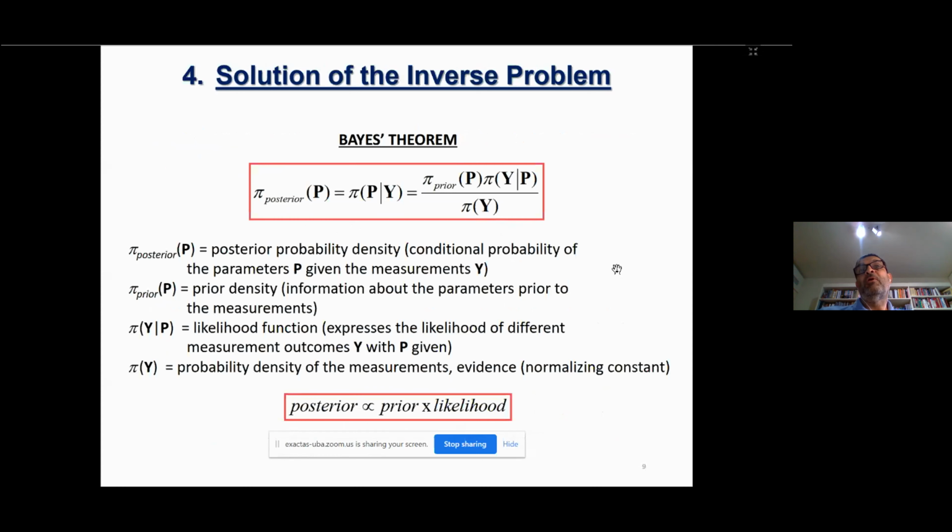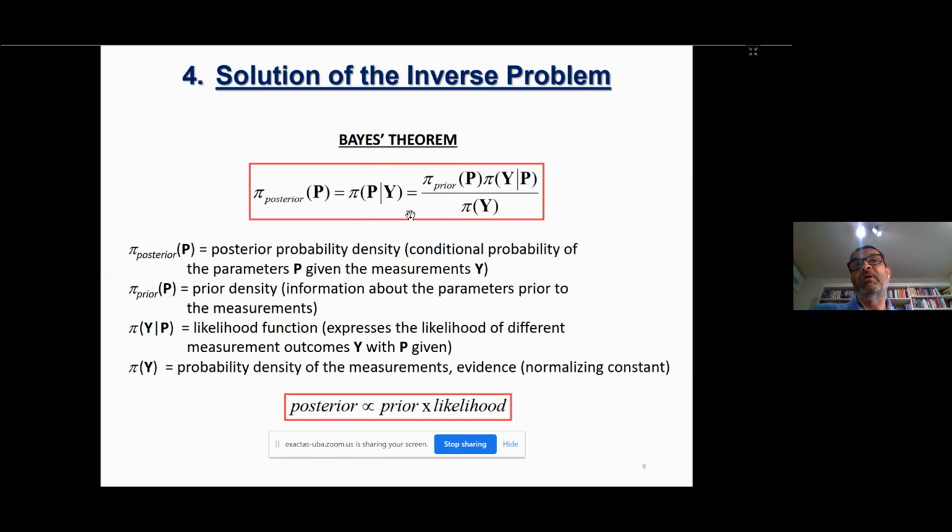For the solution of the inverse problem, we solve it within the Bayesian framework of statistics by making inference on the posterior probability density, which is the conditional probability of the parameters p given the measurements y.